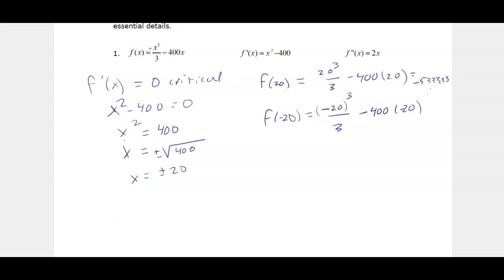For f of negative 20, I'm just going to get the opposite of that because this function is odd. So I get 5,333.33, because negative 20 is just the negative of 20. So the function value is just the negative of the function value at 20. You can do that in your calculator, and it comes out that way.